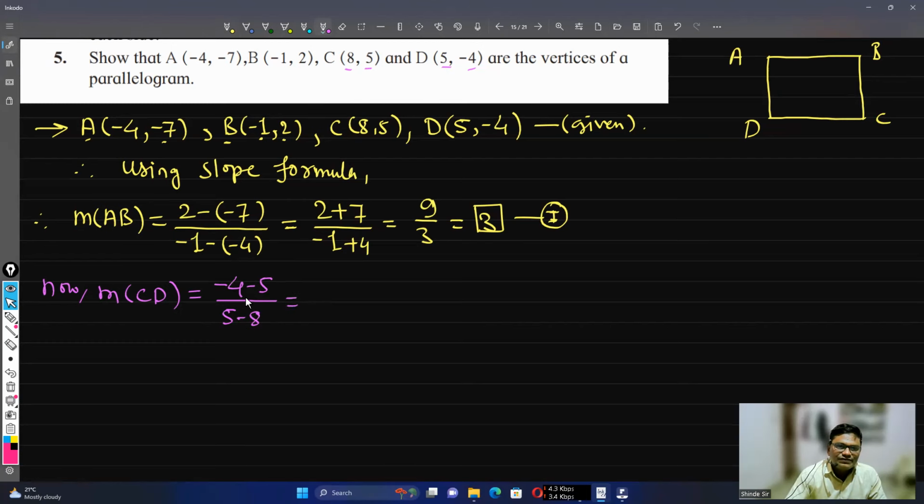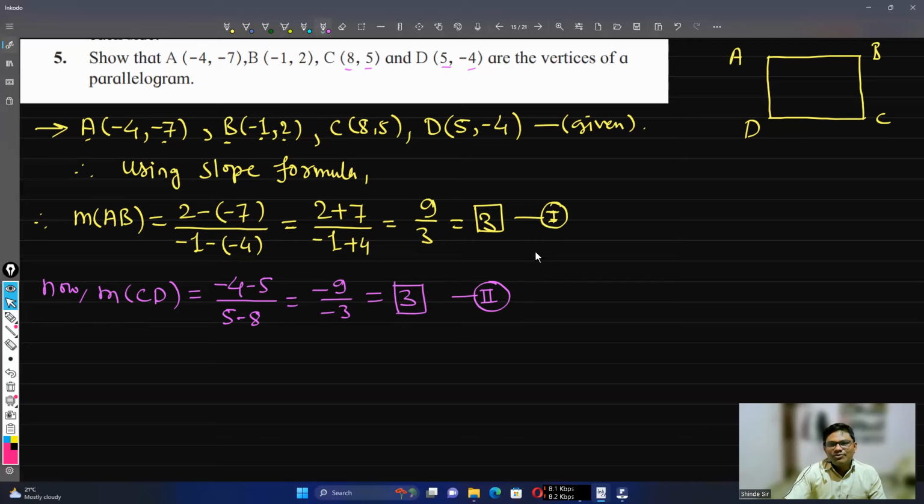And this will give us the value minus 9 upon minus 3. Now minus minus will become plus in the division operation, and the whole value of this statement will equal to positive 3. Therefore, the slope of line CD equals to 3. So we will give it number 2.